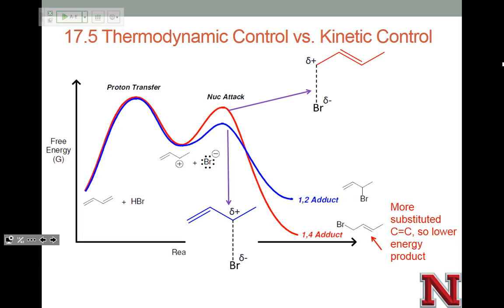At lower temperatures, you're going to form the product that comes from the most stable intermediate, the lowest energy intermediate. And this is nice. This means that we can select which products we're going to form based on using temperature. If our thermodynamic and kinetic product were the same, then we couldn't do this. We'd only ever get that thermodynamic product. But here we can.